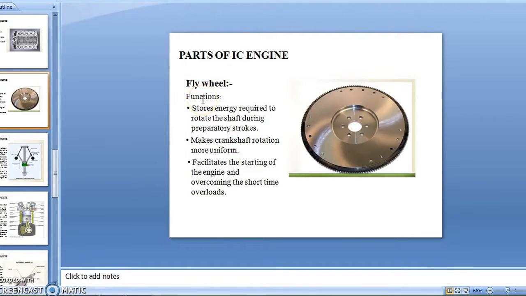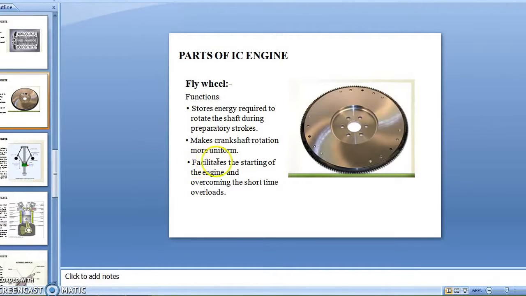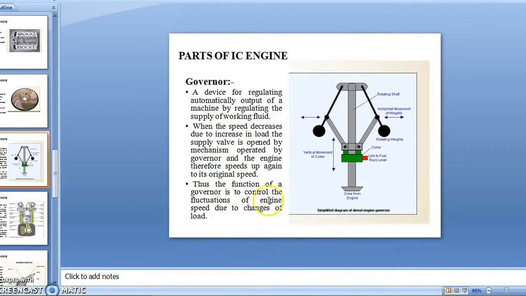Function of this flywheel is it stores energy required to rotate the shaft during preparatory strokes, makes crankshaft rotation more uniform. Flywheel facilitates the starting of the engine and overcoming the short time overloads.